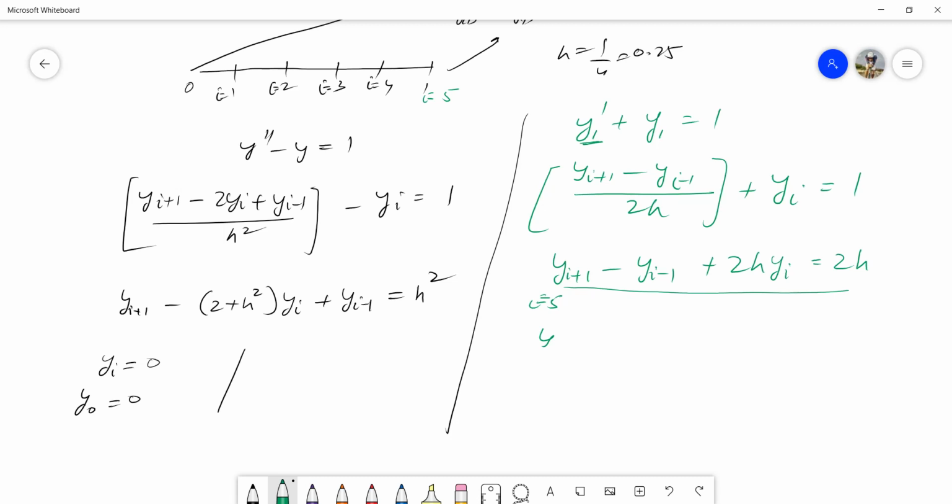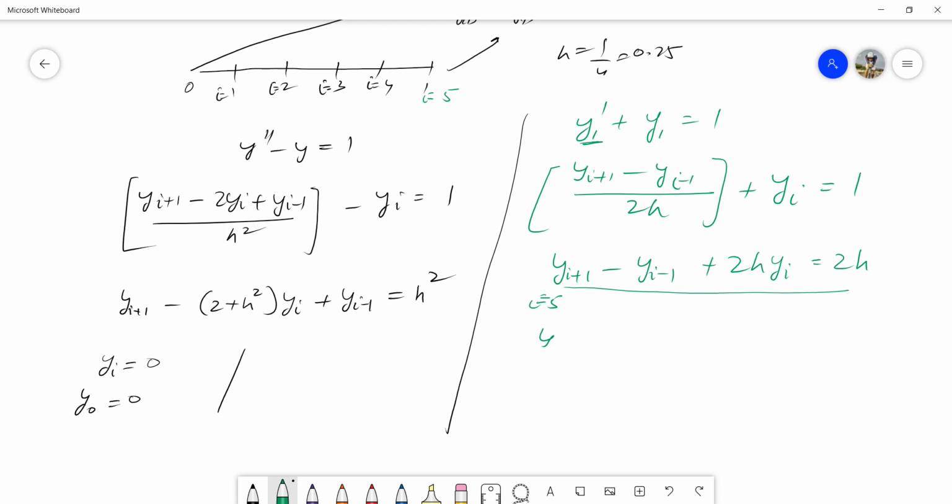I think i equal to 4 will work. Let me check. I equal to 1, 2, 3, 4.